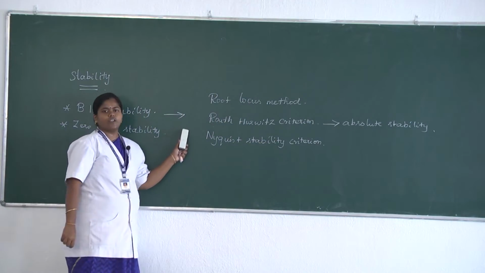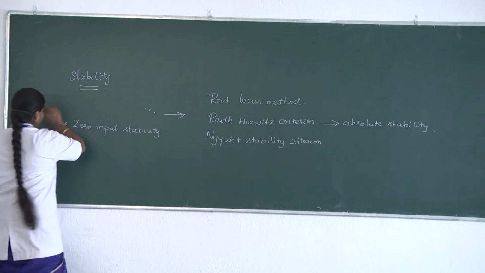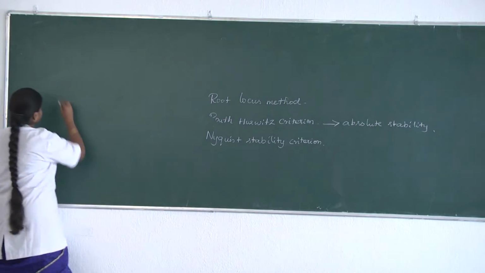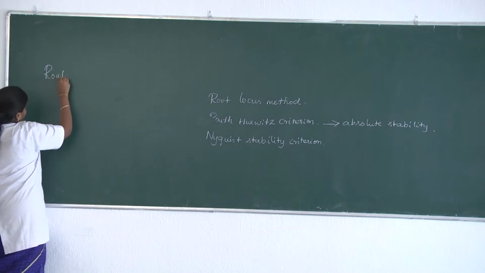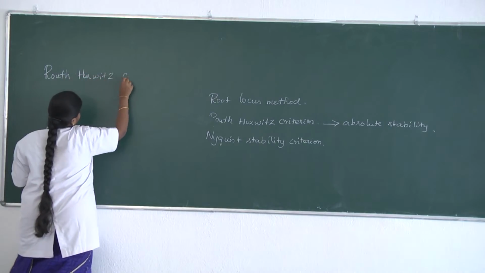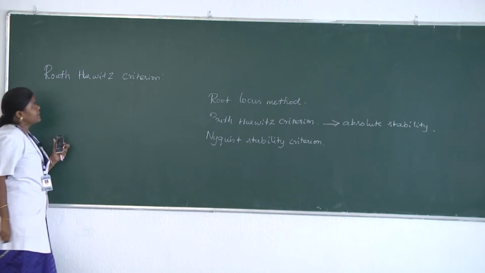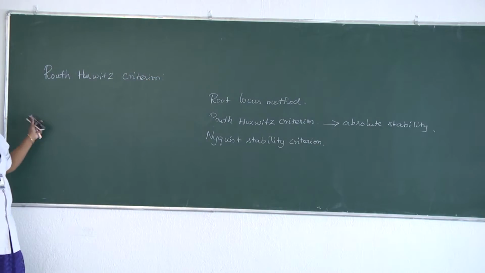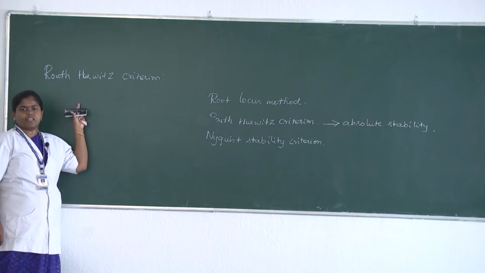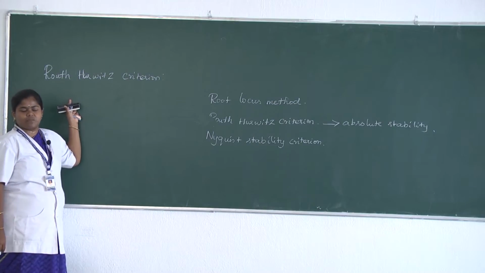Today we are going to discuss the Routh Hurwitz criterion. In this criterion, we are going to discuss the bounded input, bounded output stability, that is, how this concept is used to determine the stability of the system.